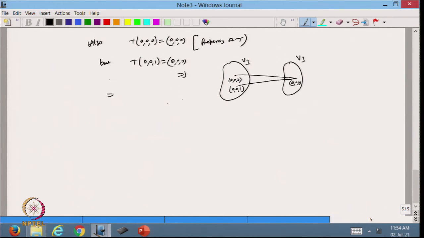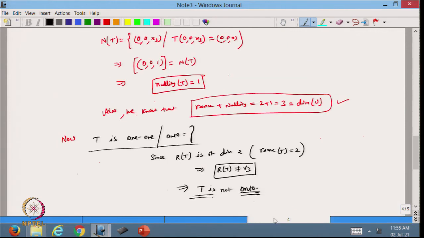So, from here I can say that T is not 1 to 1 in this case. So, this way we can find out whether a linear transformation is 1-1 or onto, and then we can define its range and null space.